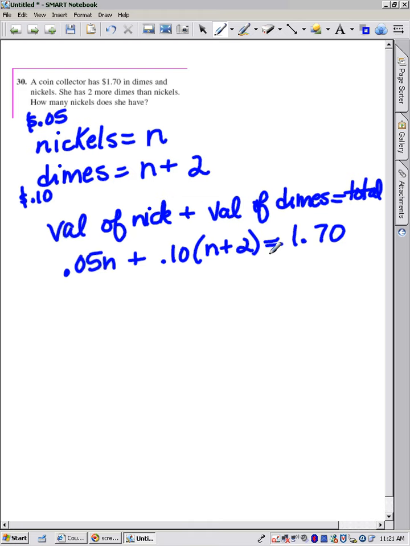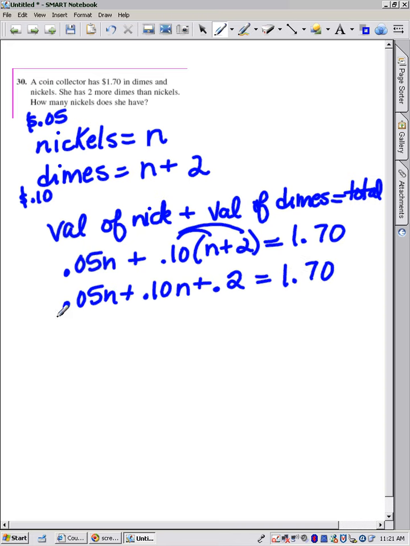So now I'm going to simplify on the left to get 0.05n plus, now distribute, 0.10n. What is 0.1 times 2? It is 0.2, and that's equal to 1.70. Combine like terms: 0.05n plus 0.10n is 0.15n, plus 0.2 is equal to 1.70.